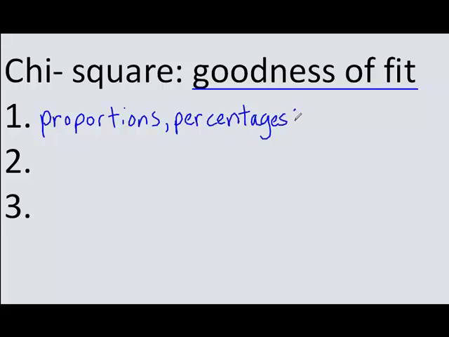And you're looking at those between your rows of observed information from a sample to what you should be expecting based on the chi-square formula.